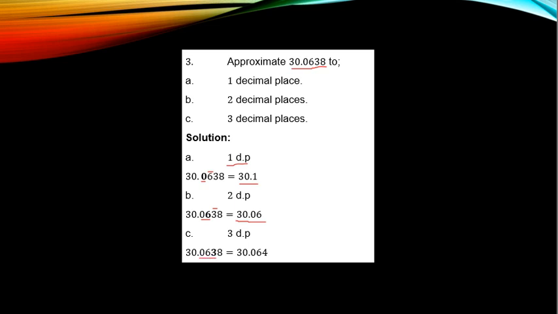You look at the next number, 8, and 8 falls in the category of rounding up to 1. So if you round 8 up to 1, you add it to 3, it becomes 4. So 3 DP is 30.064. The meaning is having 3 digits after the point. That is 3 decimal places. So the whole number 30 is constant. What varies is the digit on the right hand side of the number.